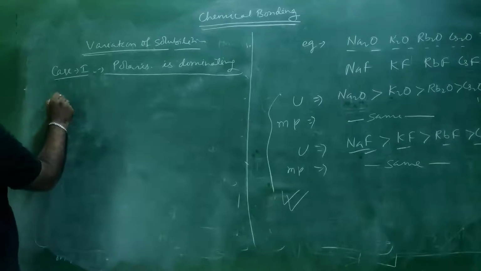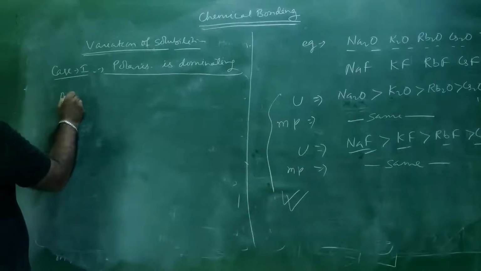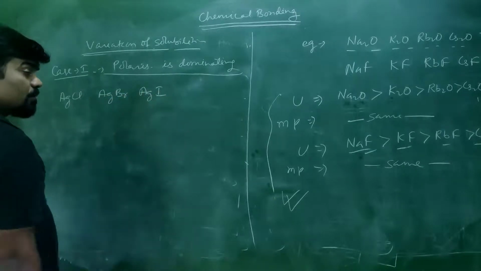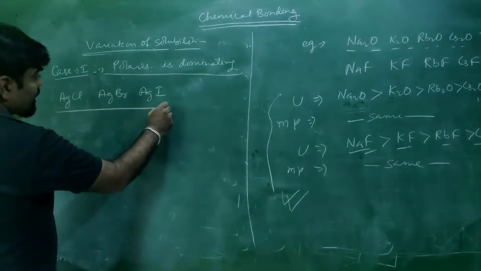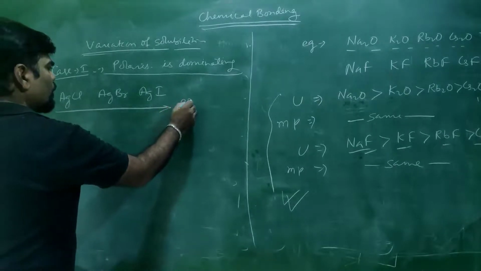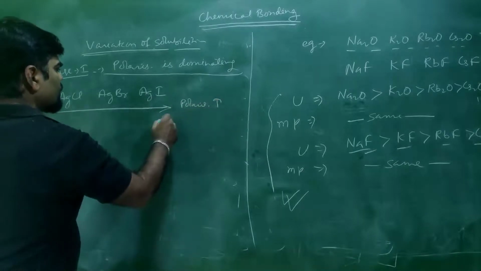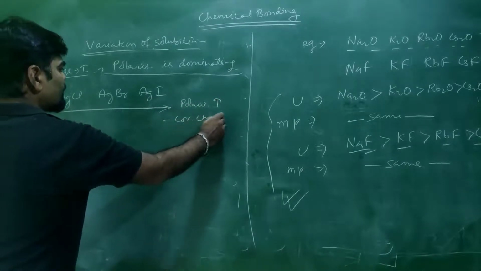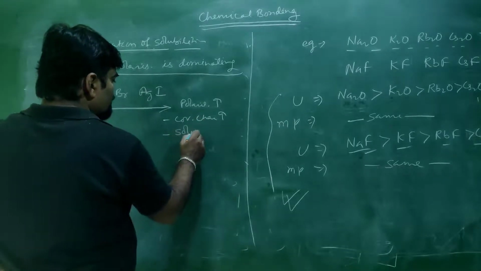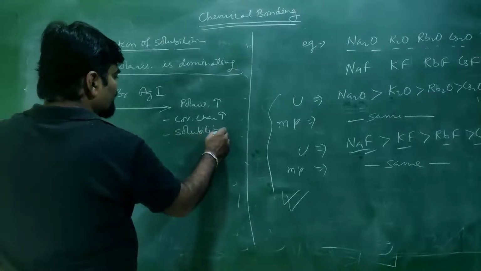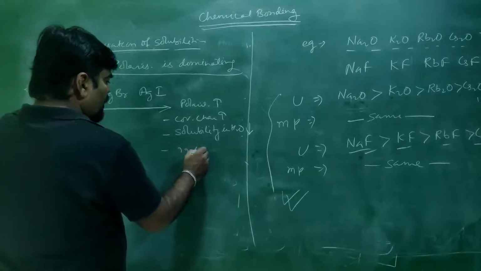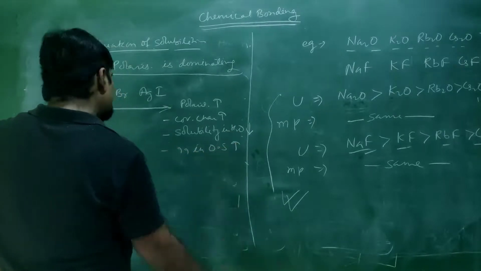Like, suppose there is AgCl, AgBr, AgI. Their polarization increases, their covalent character increases, therefore solubility in water decreases and solubility in organic solvent increases.